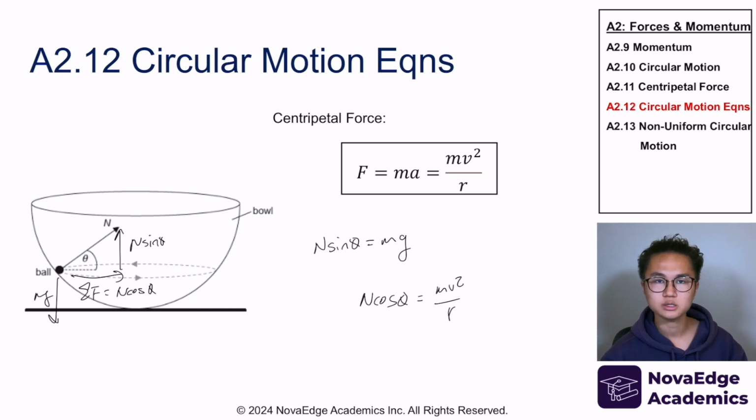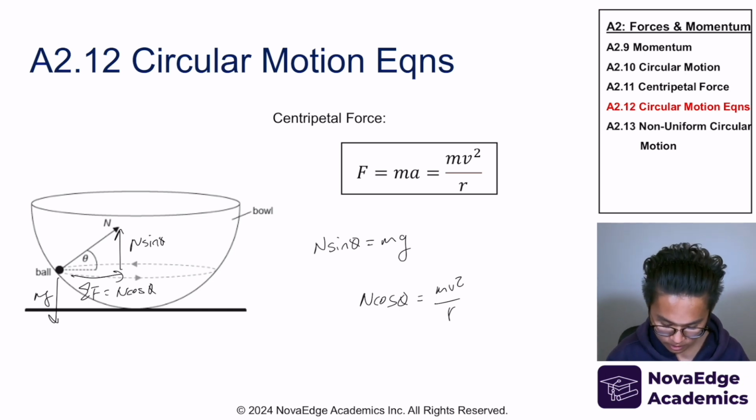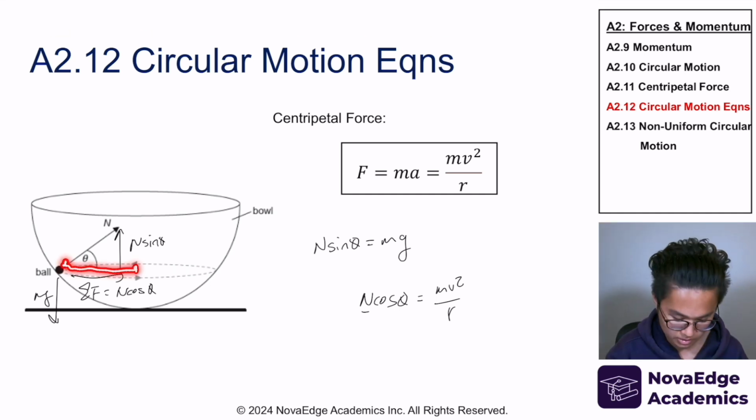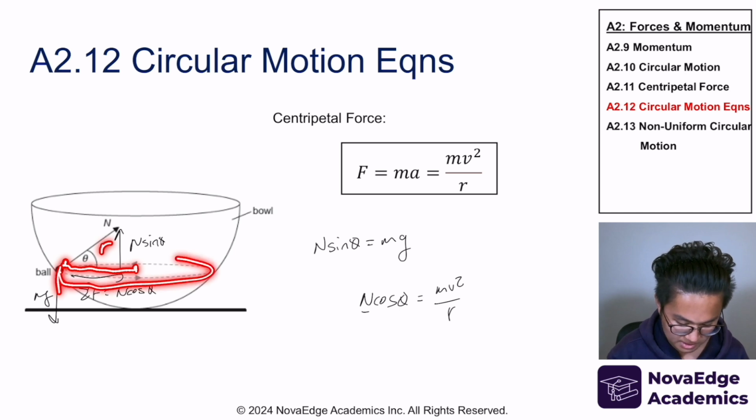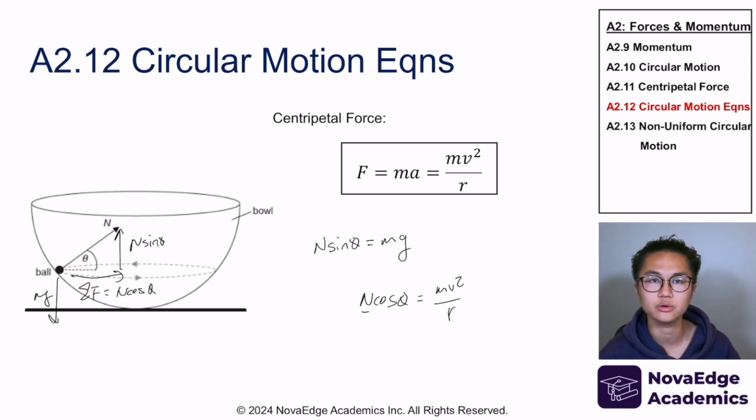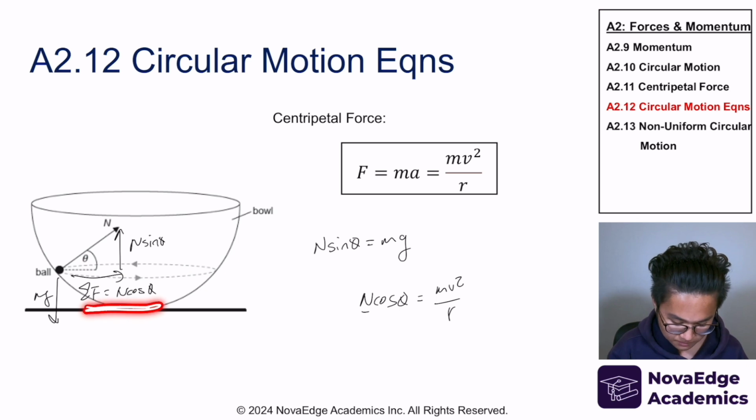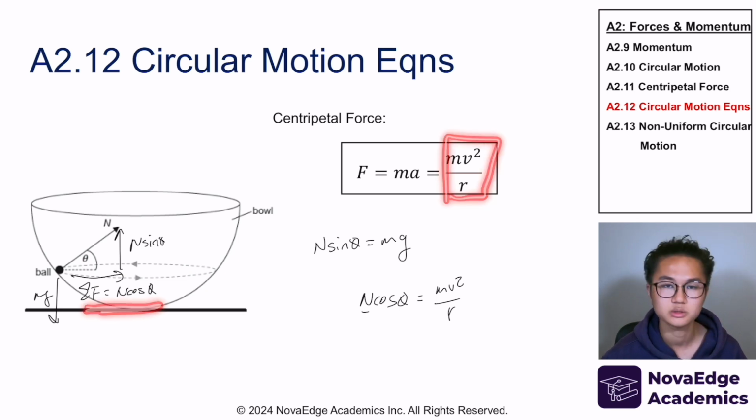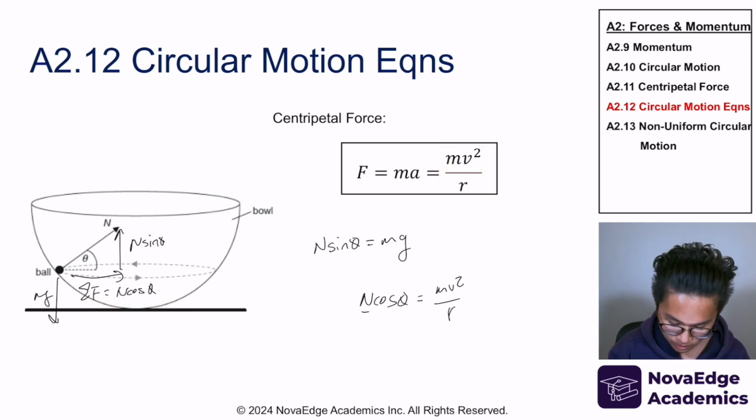Why would I want to do that? Well, because now I can equate the normal force to a certain velocity over its radius. So pretend that I'm given the radius. I can figure out how fast it is going around the circle when I equate that this is equal to the centripetal force. Now, why did I draw this out?